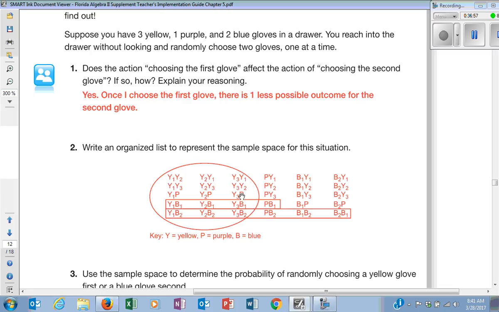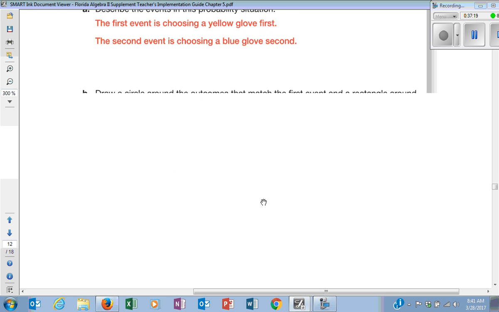I have 2 events that I'm going to fill the holes up. How many different ways of choosing the first event? 6. How many different ways of choosing the second? 5. Right? Because once I pick a glove, I can't use it. So 6 times 5 is 30, and that makes sense because I have 30 different options down here. Correct? Okay.